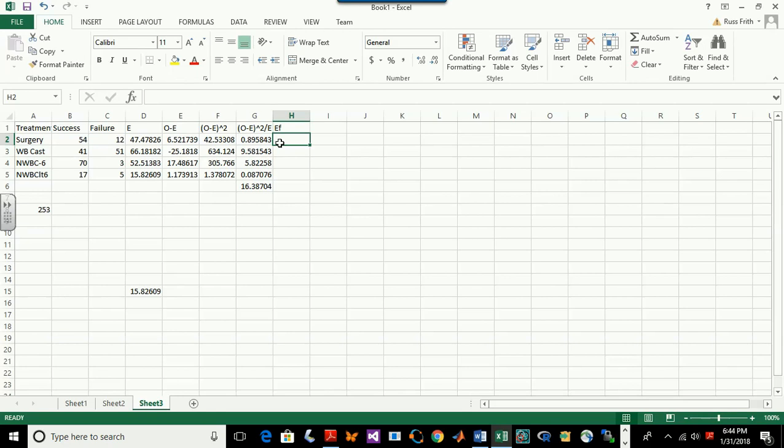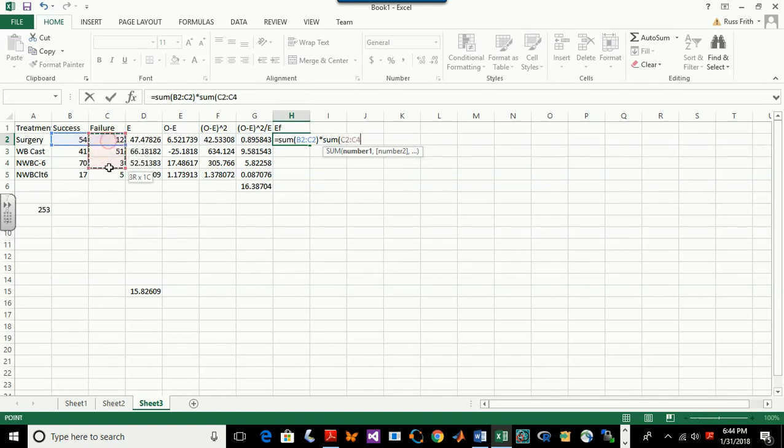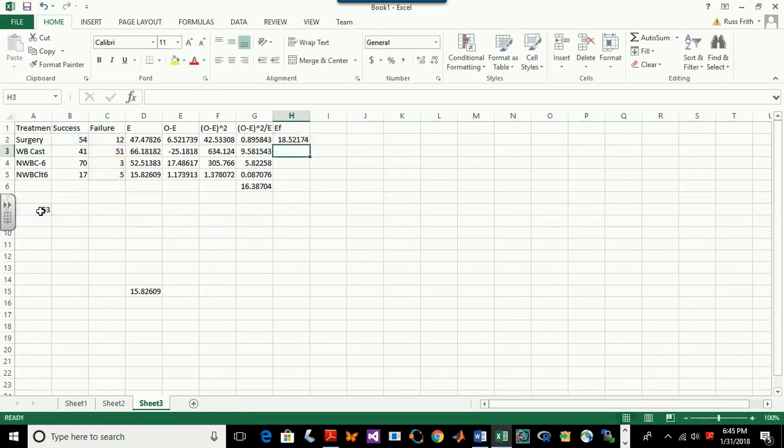For surgery, the expected value of the failures would be the sum of the row times the sum of the failure column, divided by 253 again. So that's the expected value of the failure, versus the expected value of the success.